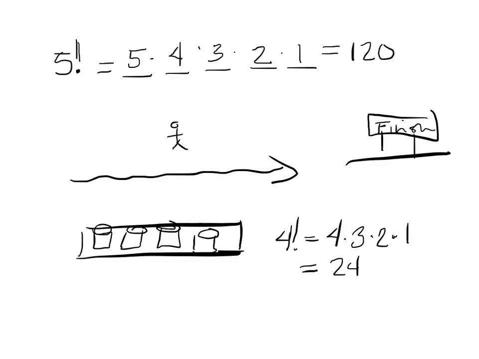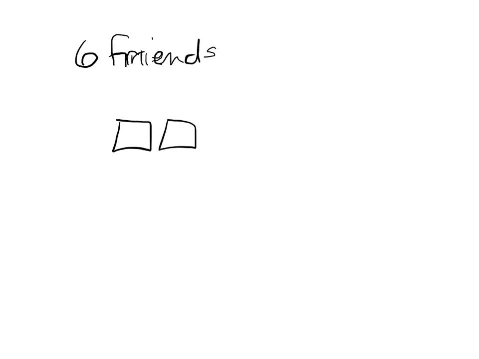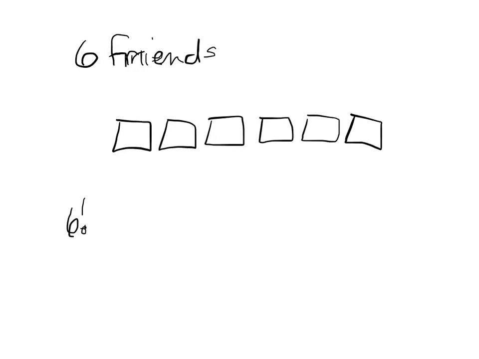All right, one last example. Let's say you're at the movie theater and there's 6 of you, 6 friends going to the movie theater, and they want to sit in a row, one long row. And so you're trying to figure out how many ways can that happen. Well, if there's 6 seats and there's 6 people, there's going to be 6 factorial ways that can happen. 6 people could sit in that first spot.